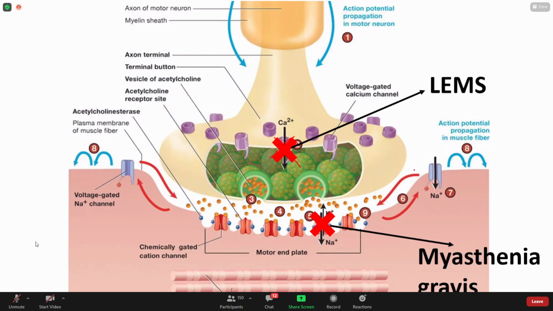However, in myasthenia gravis, the problem is at the postsynaptic membrane, where there is a destruction of the cholinergic receptors. And when you don't have enough cholinergic receptors, again, this results in what? The same thing: no excitation of the muscle cell. So the muscles would be weak.